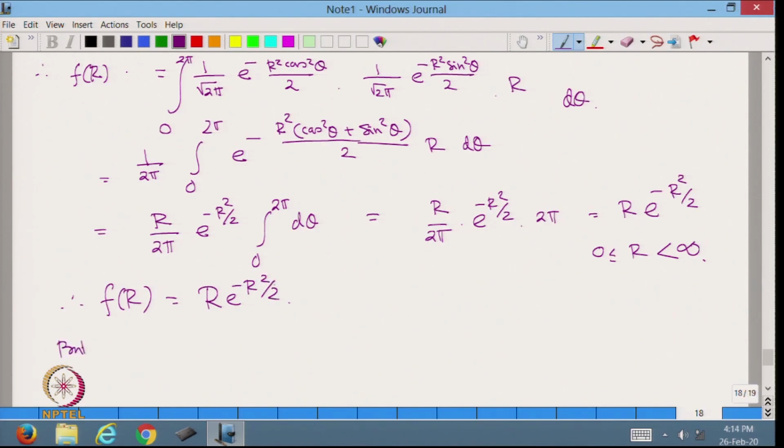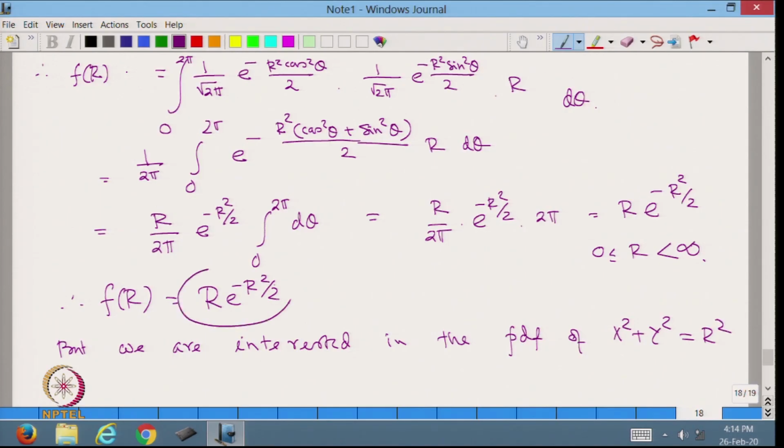But we are interested in the PDF of x square plus y square, which is equal to r square, and what we got is the PDF of r.